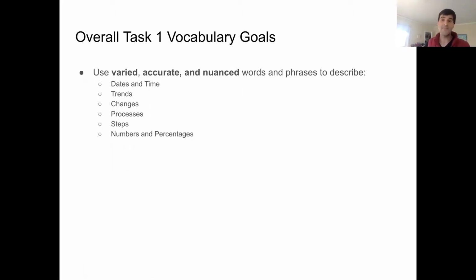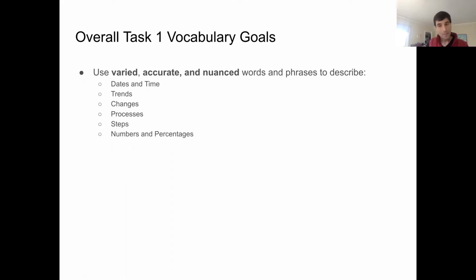I see this very often, and it's understandable, in Magoosh essays from students. I'll often have a comment that your vocabulary is redundant. That's a word you might know. Redundant means that you're using the same words or phrases over and over again. So that's a problem.